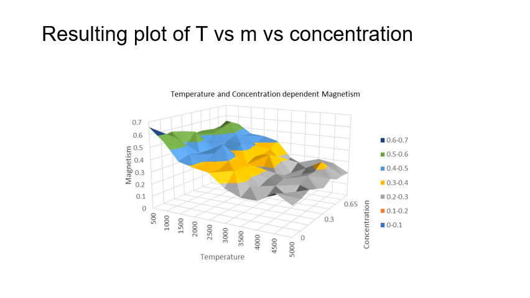So this is the resulting plot of temperature versus magnetism per spin versus concentration that we got using our model. For data collection purposes, we stopped running all the simulations at 10,000 steps as the time required to run the program was very high.